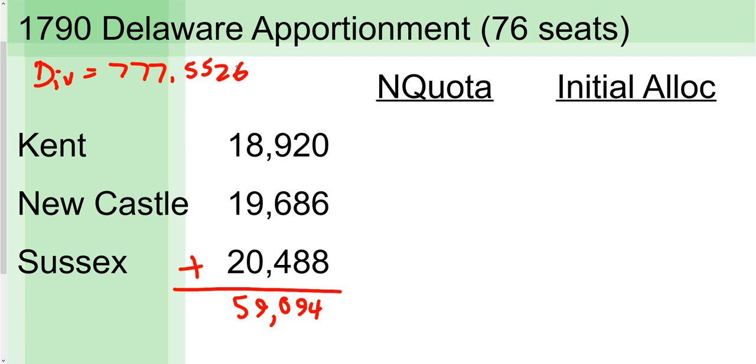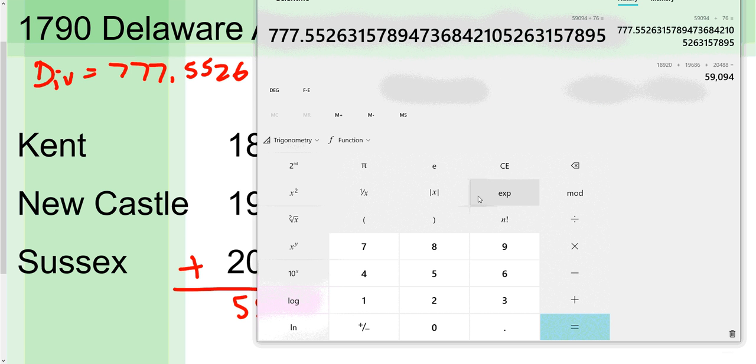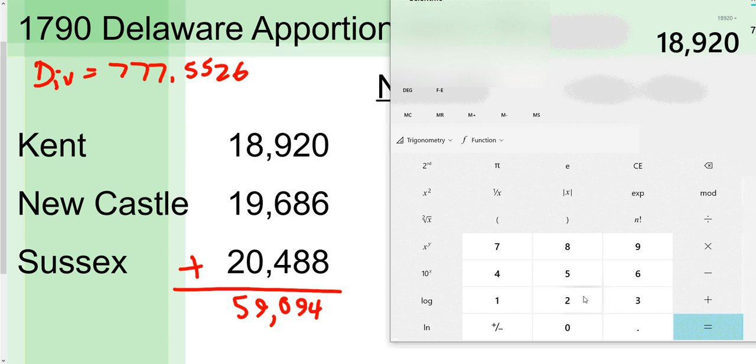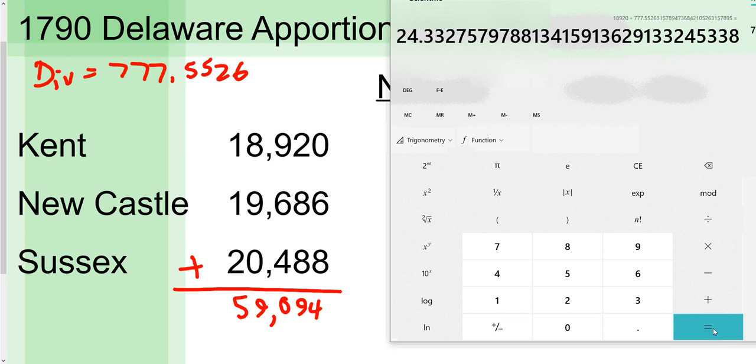Okay. So now, if you recall, for the natural quota, we divide by 777, and then we'll have our initial allocation. Those are going to be the same in both of these methods. So let's just go ahead and do that now. We're going to divide. I'll just put that in memory. Then we'll do 18,920 divided by that number, 24.332.